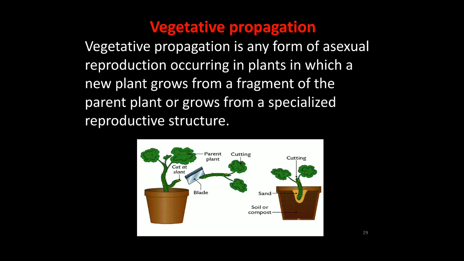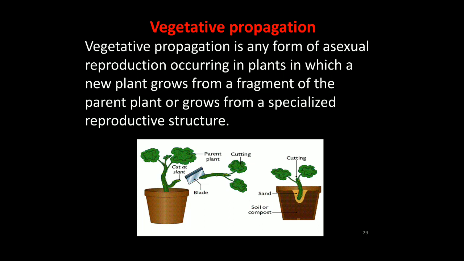Or carrot? Do you have any seed for carrot? No. What will you do for that? Ginger, you will place one piece of ginger and from that only it grows. So the growth of plants other than from seeds, with their body parts like root, stem, leaf, we call it vegetative propagation.